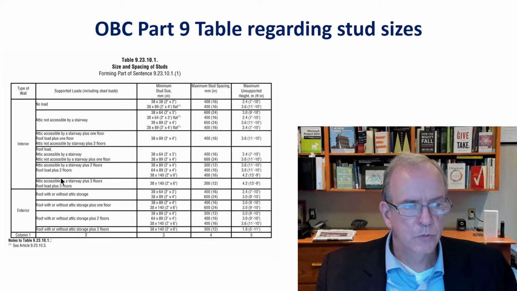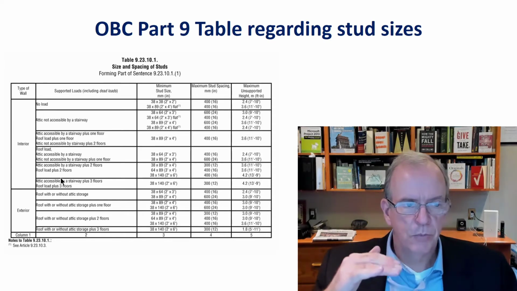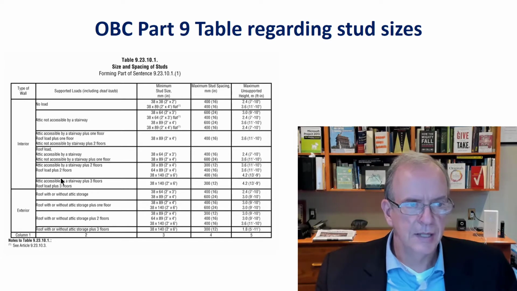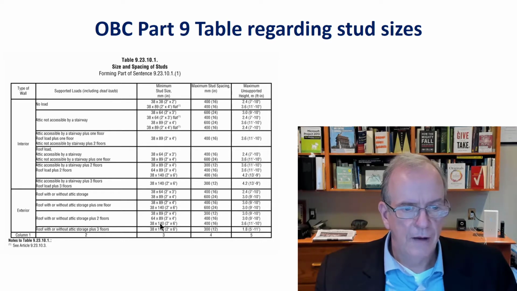So it depends what it is actually supporting and how many floors it is supporting. These give you the size and spacing of the various members, and you can see in some cases you have to have 2 by 6s, and the spacing of the studs and the unsupported height. So how high it can go using that spacing and that sizing.